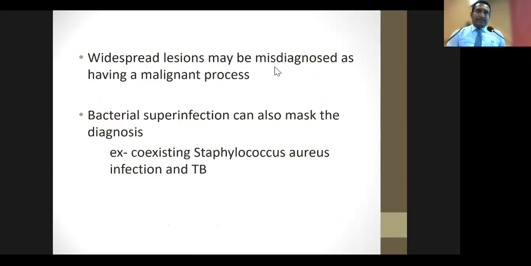When the lesions are multiple, it can be misdiagnosed as a malignant process because we might think that this is metastasis, and sometimes we may have bacterial superinfection, coexisting Staphylococcus aureus infection with TB. Again, this will provide challenges to diagnosis.